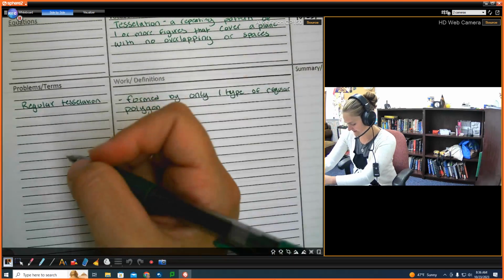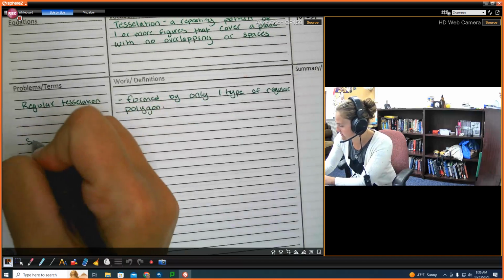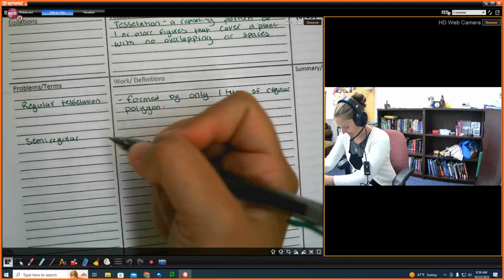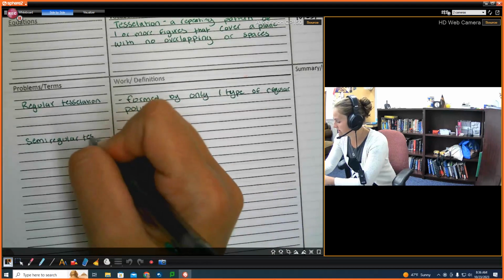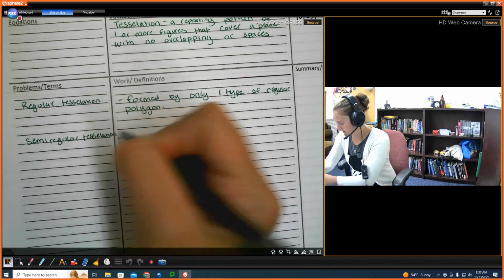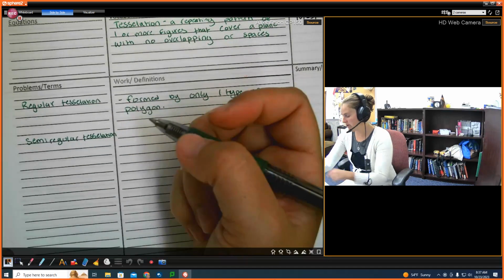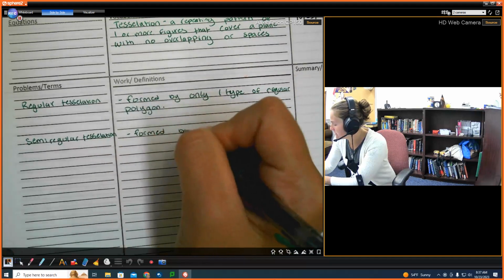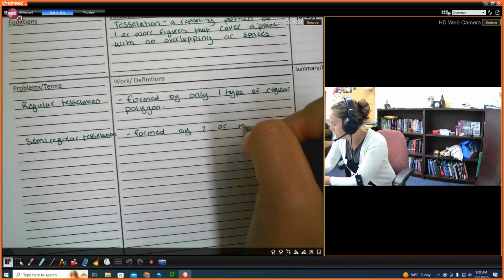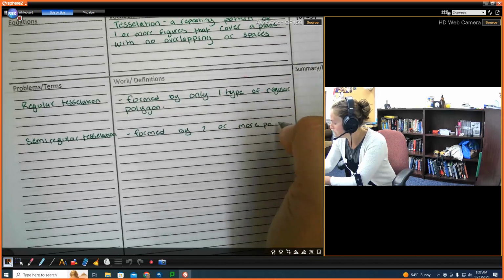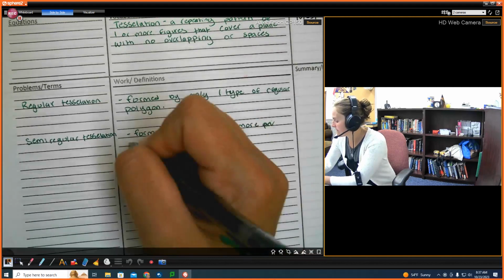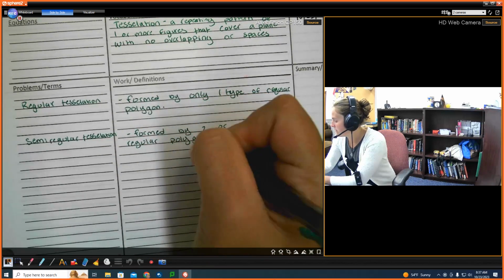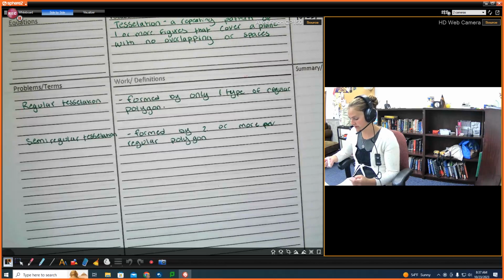Okay, we're also going to say semi-regular tessellation, and is formed by two or more regular polygons. You're also welcome to put like a picture so you can remember.